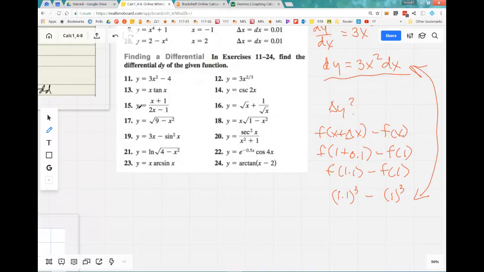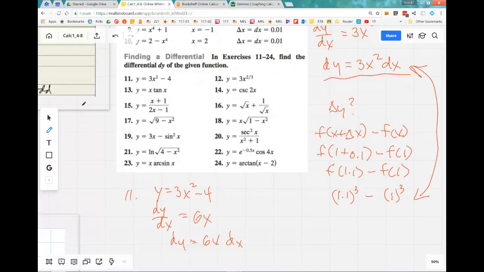When it comes to some of these later ones, the second part here, it says in numbers 11 to 24, find the differential dy. So there you're just trying to find dy. Okay? So, example 11. Take the derivative using Leibniz notation, and then multiply both sides by dx. So that's the kind of work you're going to be doing on that second section.